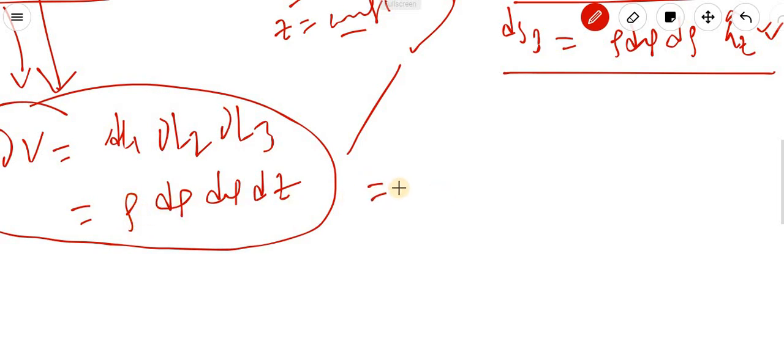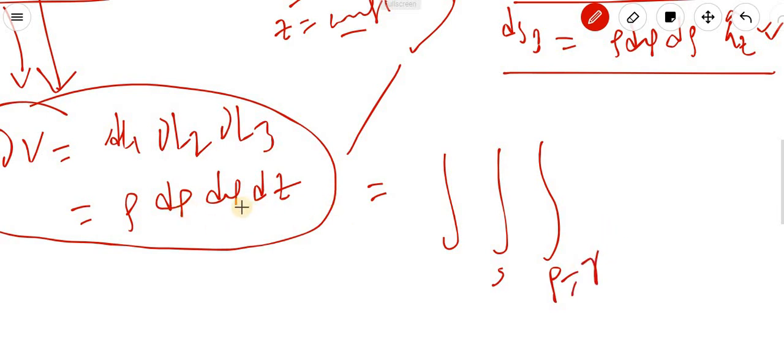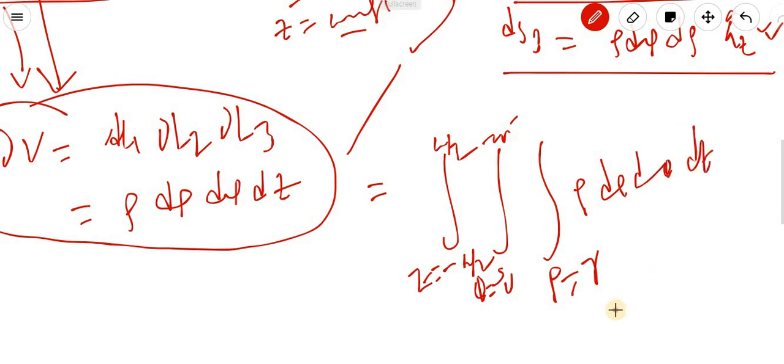For a constant rho equal to r, with phi from 0 to 2 pi and z from minus h by 2 to h by 2, rho d rho d phi dz gives pi r square.